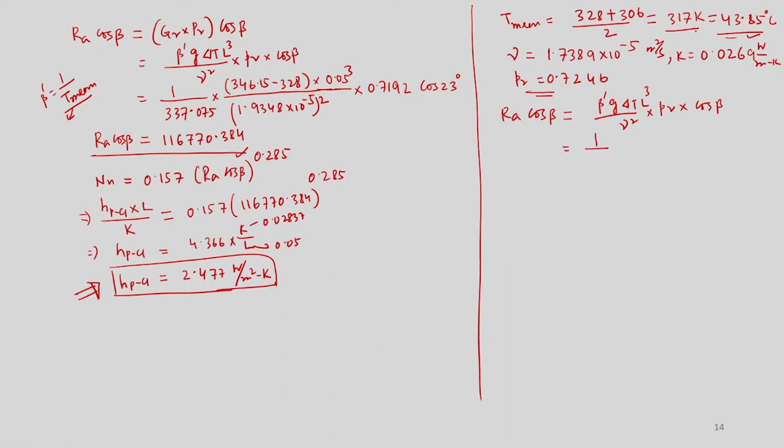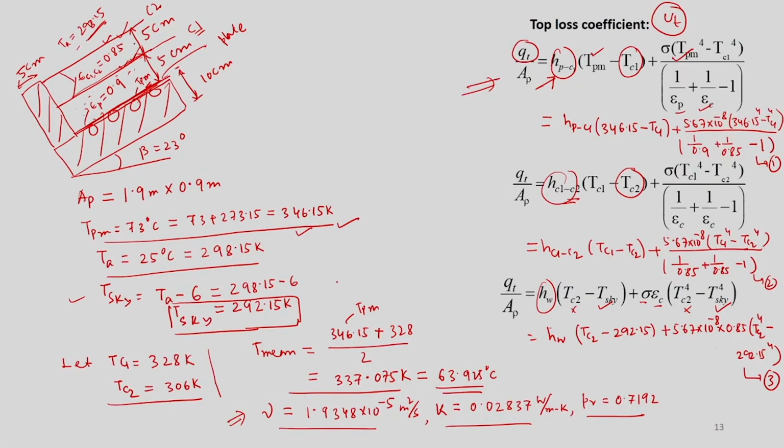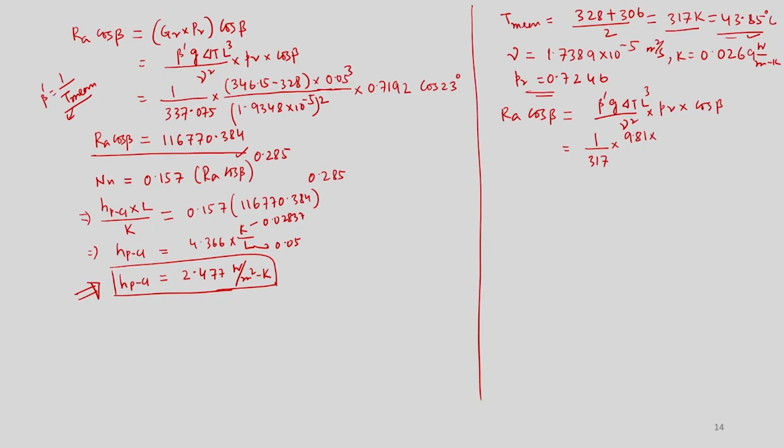So, 1 by T min is 317, all should be in Kelvin, multiplied by 9.81, and delta T is now between two glass covers. So, delta T is in between these two. This will be 328 minus 306.